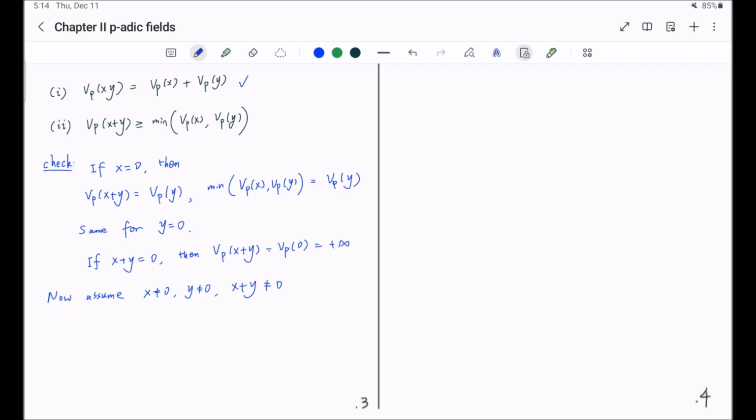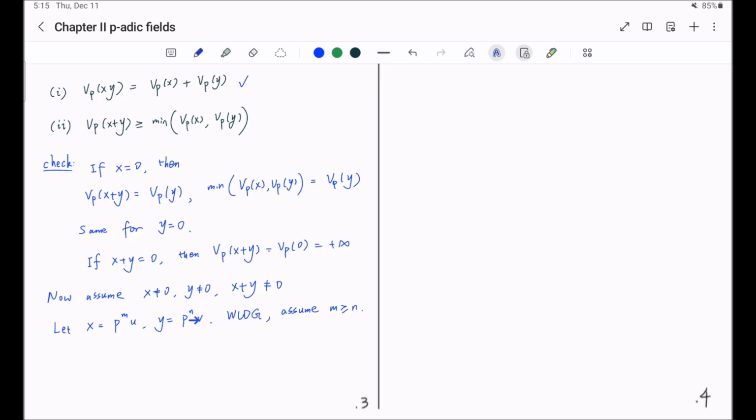In this case, we consider the factorization x equals p^m u and y equals p^n v, and without loss of generality, we may assume that m is bigger or equal to n.